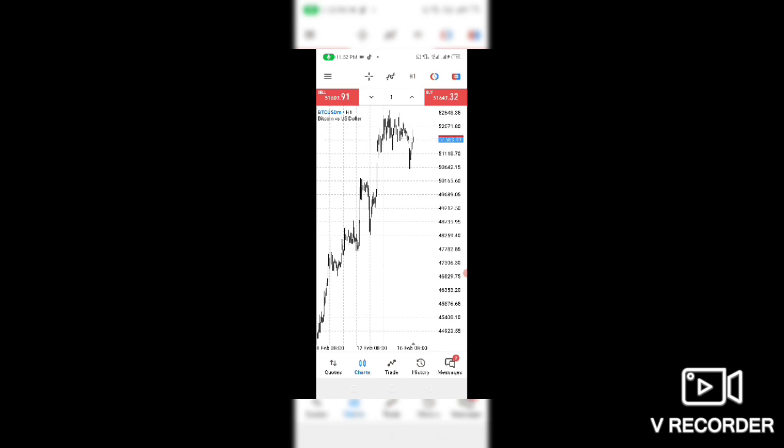The same signal that I predicted as a margin market, I can still trade it as a binary market. How? By timing it accurately.